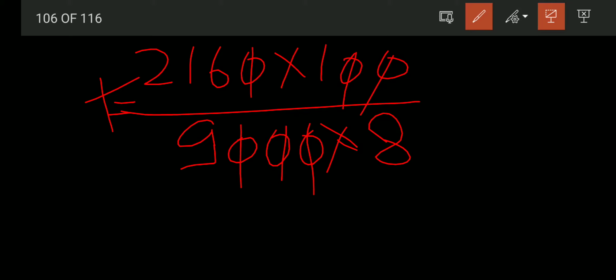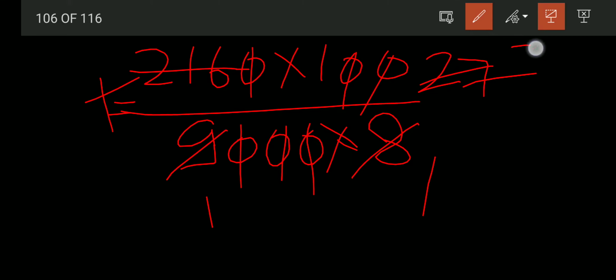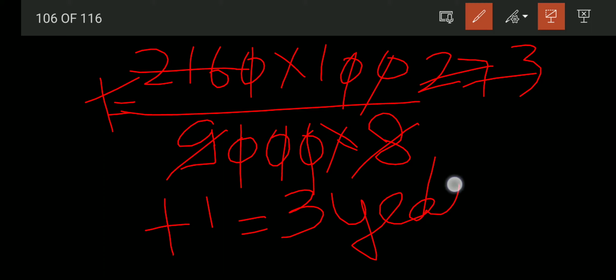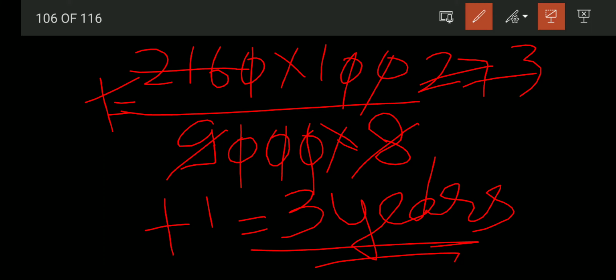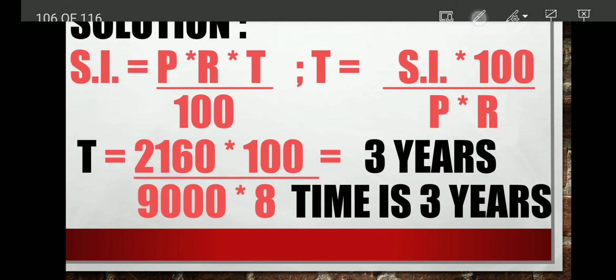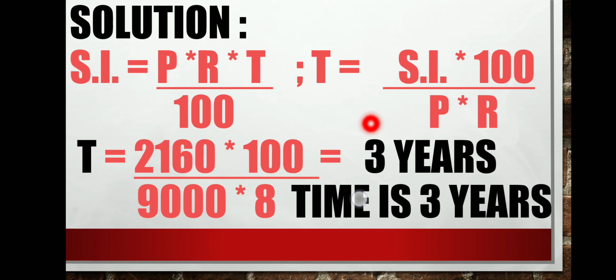Now you cancel this also. 8 ones are 8, 8 twos are 16. 5 remains, 56, 8 sevens are 56. 9 ones are 9, 9 threes are 27. So T equals to 3 years. So this is the time. So we just calculated time.